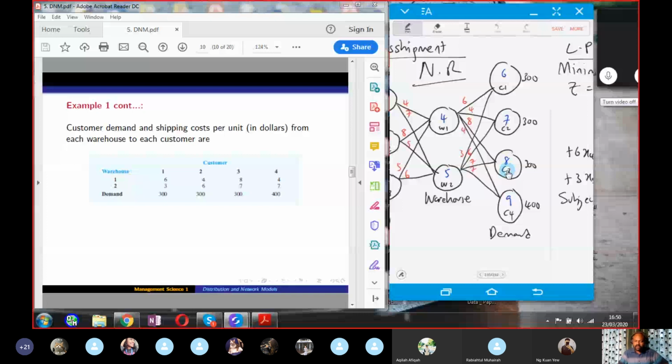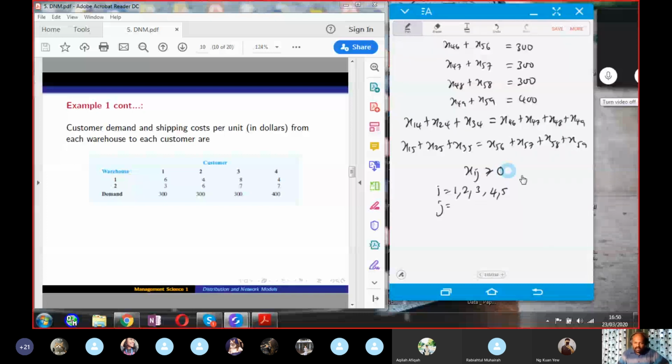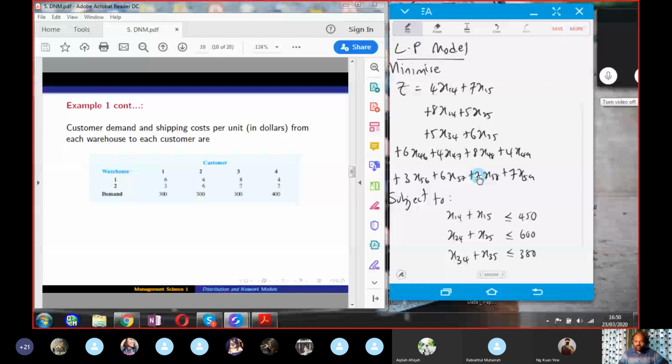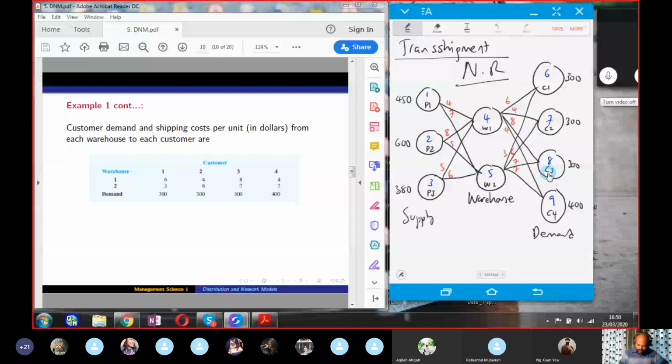Okay, clear? Now, j is the finishing point or the ending point where the line ends up. For the first portion, the line ends up at 4, 5. For the second portion, the line ends up at 6, 7, 8, 9.